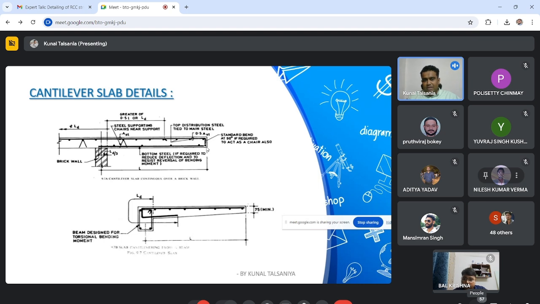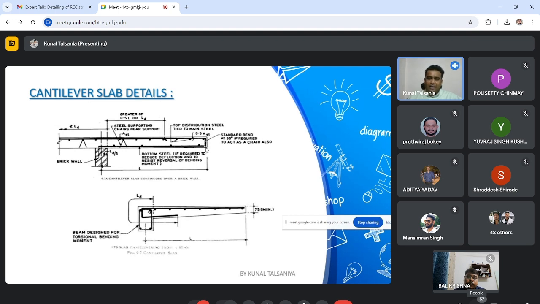What does it mean? We have two types of displacement: short-term displacement and long-term displacement. Long-term deflection will cover creep, shrinkage and temperature. At a later stage, if the slab deflects, then it will come to your exact position.